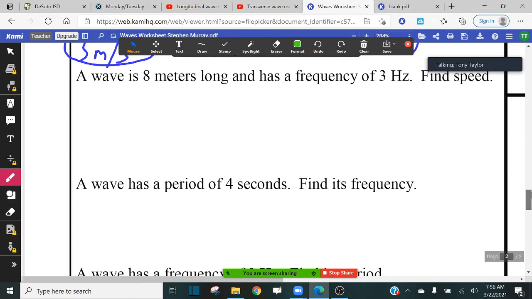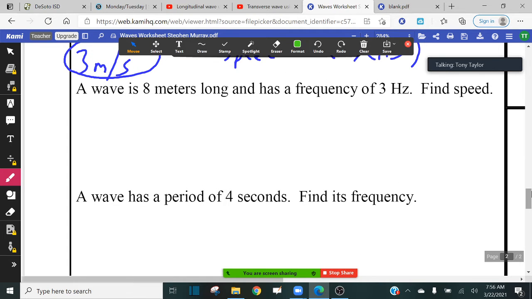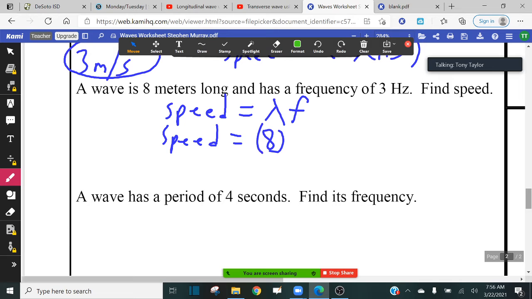Let's look at this one right here. It says a wave is 8 meters long and has a frequency of 3 hertz. Find its speed. Once again, speed is equal to wavelength times frequency. We know the wavelength is 8 meters long and the frequency is 3 hertz.